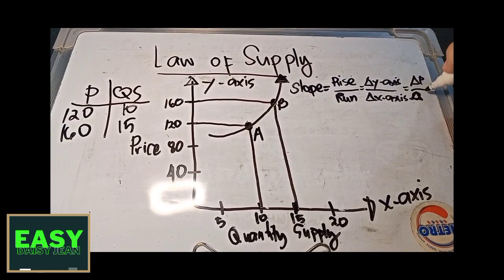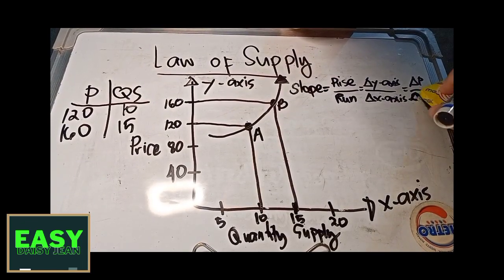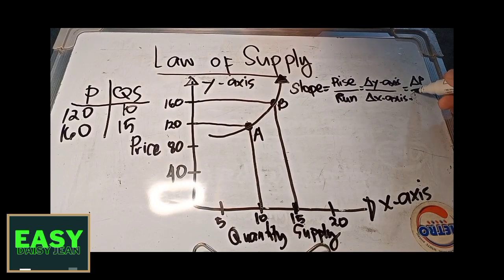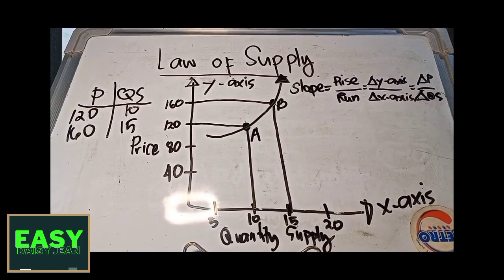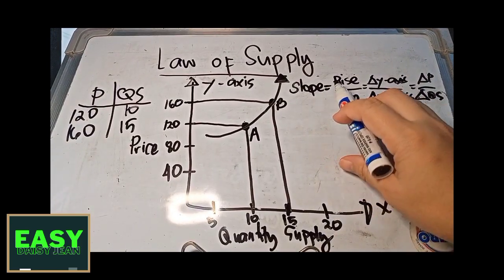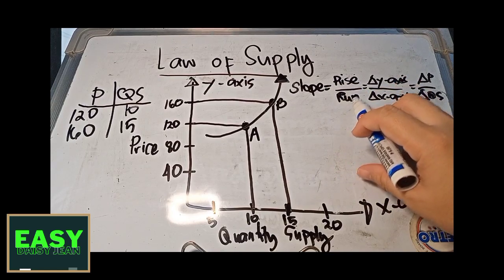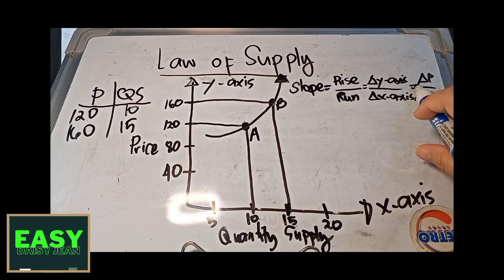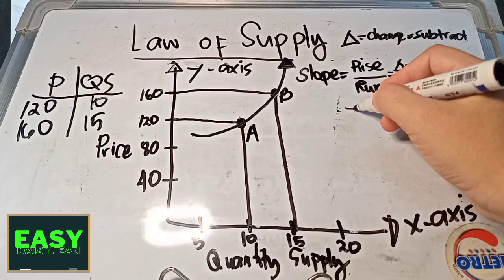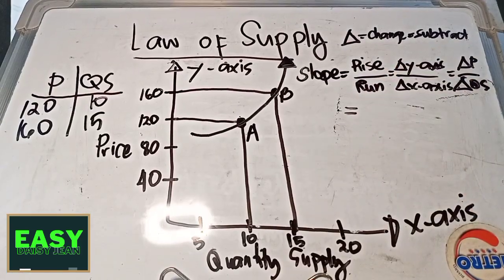Okay? I'm sorry. It's change in quantity supply. Alright? So, this is the formula for the slope. We have slope is equal to rise over run, change in y-axis over change in x-axis, equals change in price over change in quantity supply. Alright, so we will start on solving the slope.